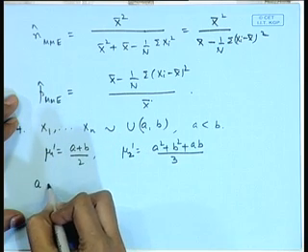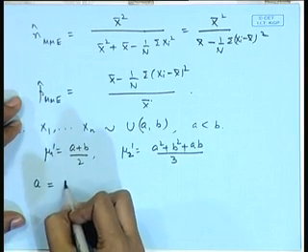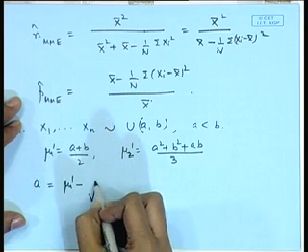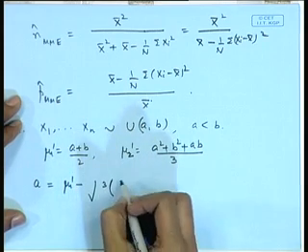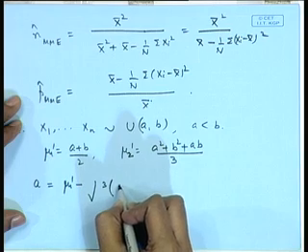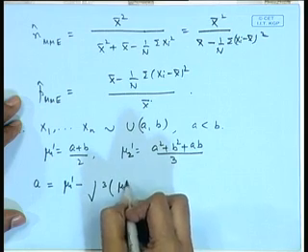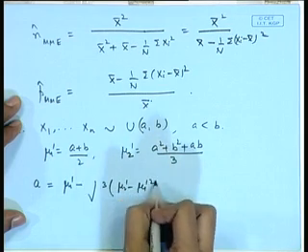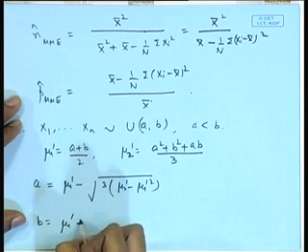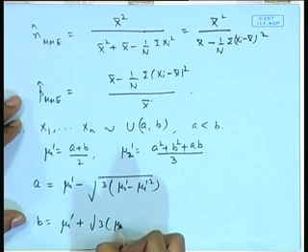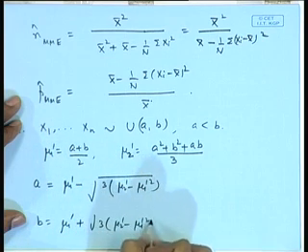A as mu 1 prime minus square root 3 into square root of mu 2 prime minus mu 1 prime square, and B is equal to mu 1 prime plus square root 3 into square root of mu 2 prime minus mu 1 prime square.